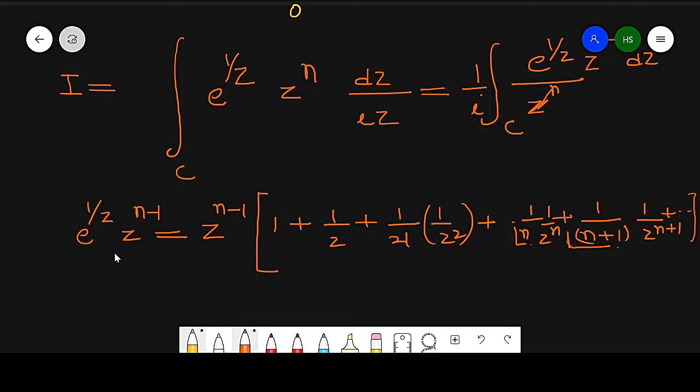So what is the residue of this function if I take this function as phi z?